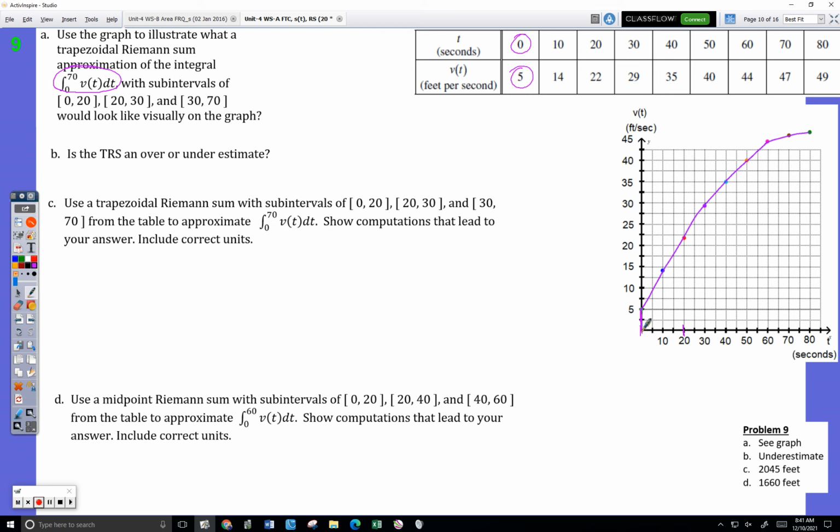At time equal 20, the velocity is 22, so that's the height on the right of the trapezoid. And then you connect the two heights as best you can, like that. Okay? Question?